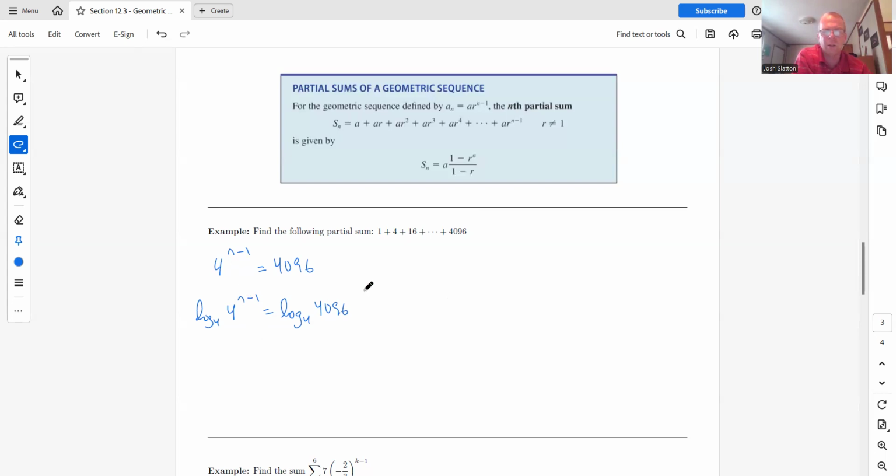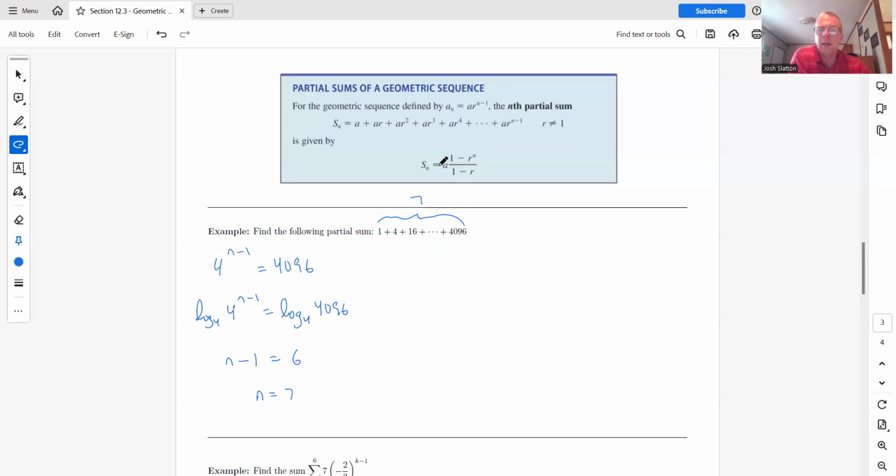But this is the foolproof way to do this. So put this in the calculator. We get log of 4,096 divided by log of 4, and we get 6. And so that means that n equals 7. So there's 7 terms here.